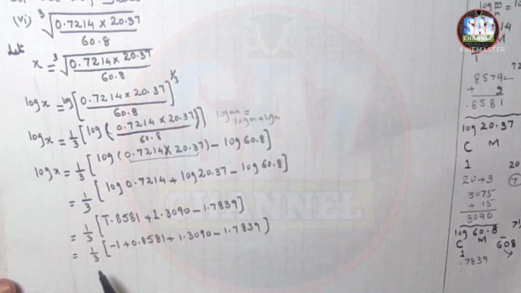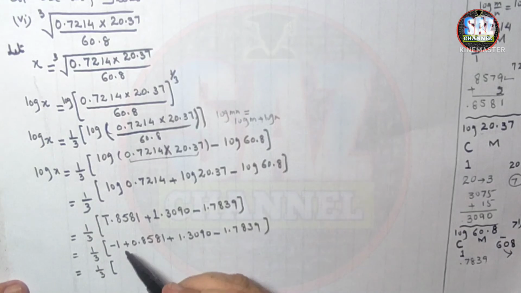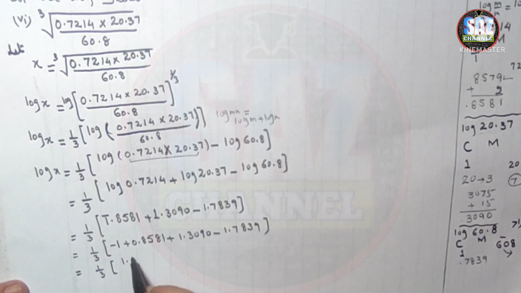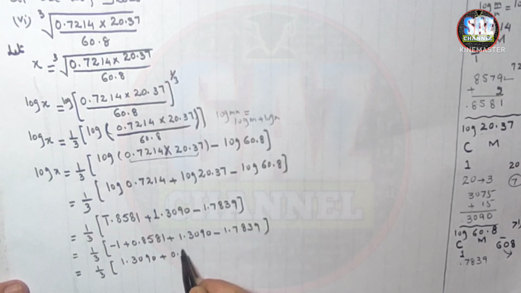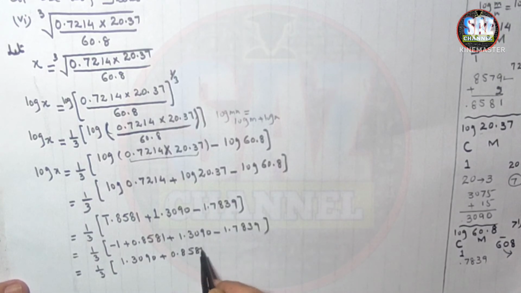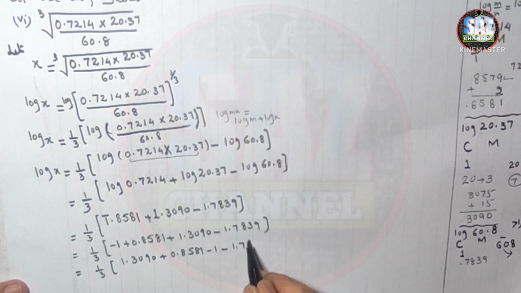Now what we can do is, 1 by 3, these two are the positive quantities, so let me write them in the beginning: 1.3090 plus 0.8581, positive values, minus 1 minus 1.78.